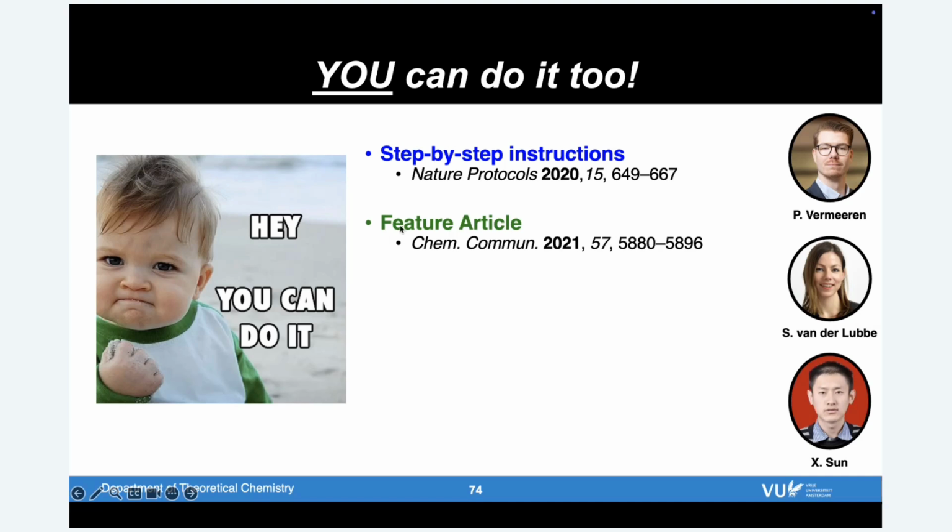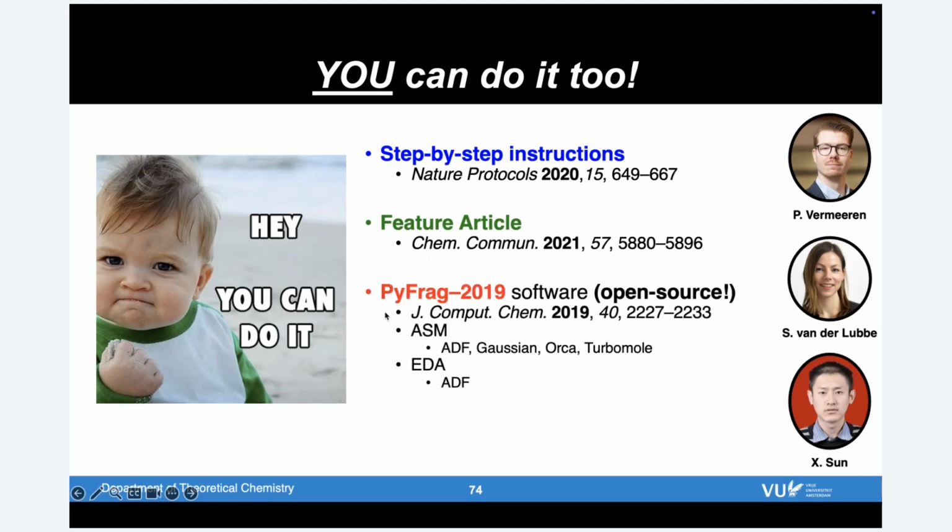We summarized a lot of related work in a recent feature article in ChemComm, and all of the analysis that you showed, all of the graphs, were made using our open source software called PyFrag 2019. This was published in the Journal of Computational Chemistry, and the activation strain analysis using PyFrag is compatible with not only ADF but also Gaussian, Orca, and Turbomole, and the EDA is compatible with ADF.